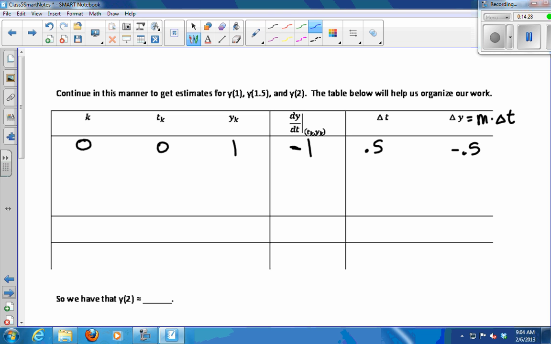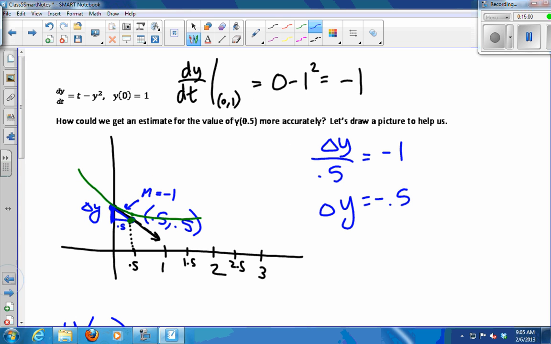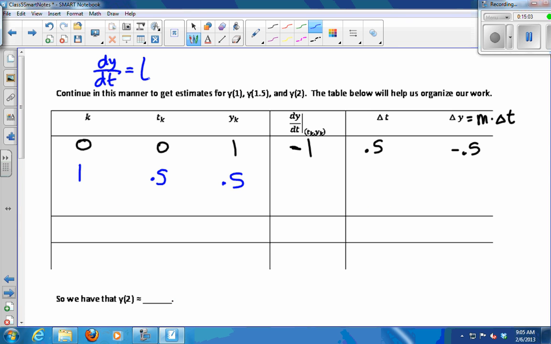Then you use that to get your next point. So step 1, delta t was 0.5, so I add 0.5 to my previous t. Delta y is -0.5, add that to your previous y. Then calculate the slope at this new point, 0.5, 0.5. So remember the equation was t minus y squared.